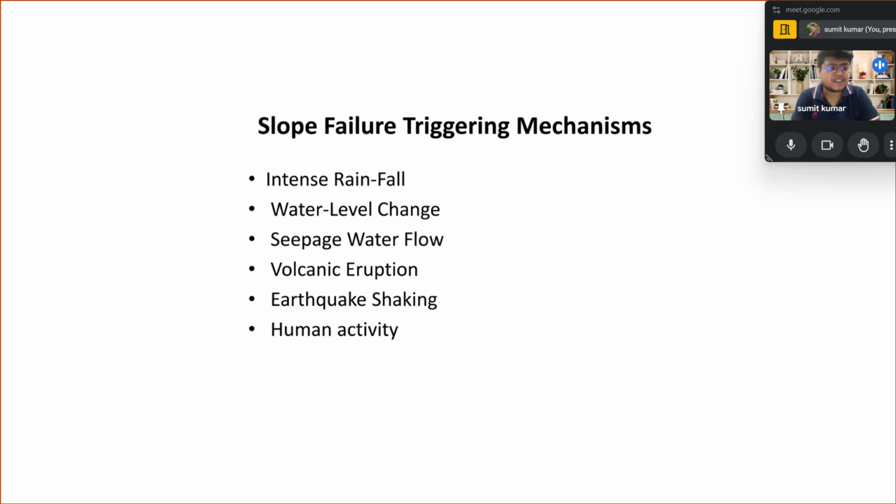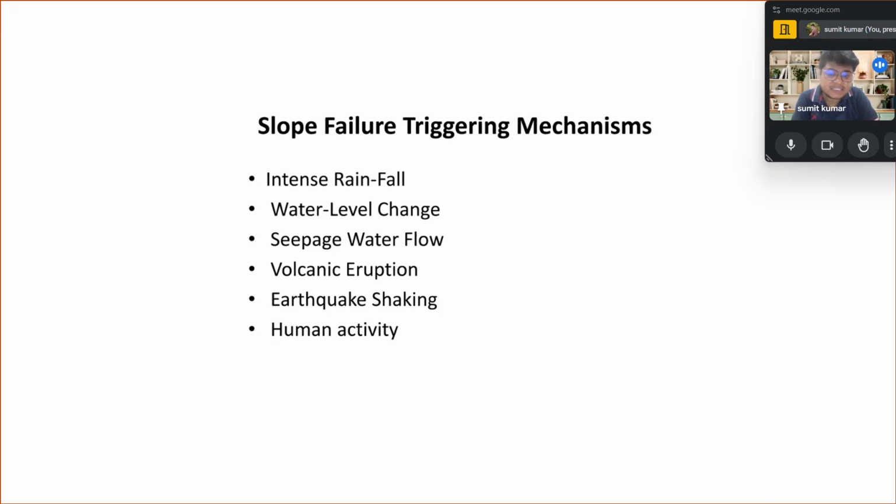As the value of effective stress gets reduced, there is a high chance of triggering failure, a reduction in the shear strength. As the pore water pressure increases, the value of effective stress decreases, and subsequently the shear strength of the soil at a specific section also gets reduced. In that case, the slope failure may trigger.